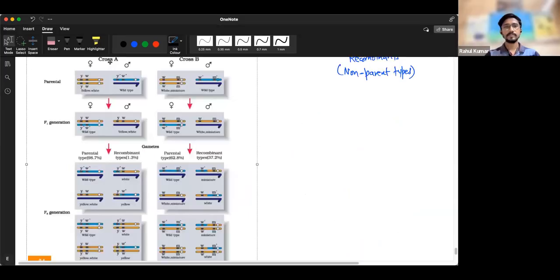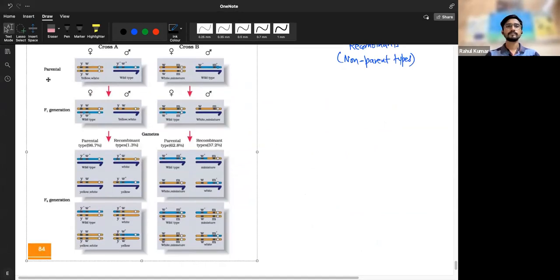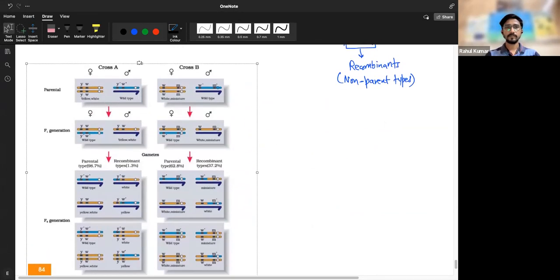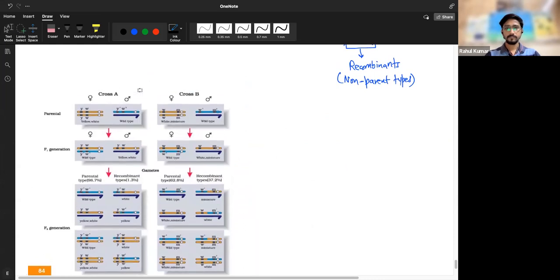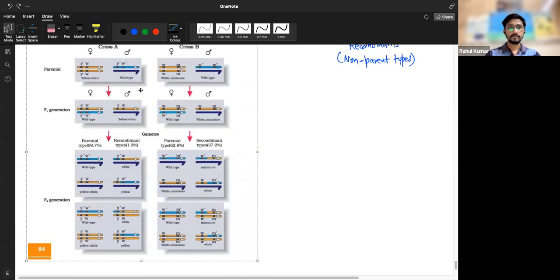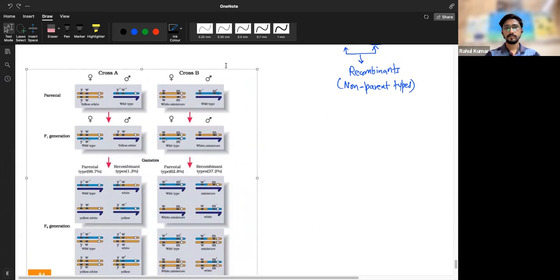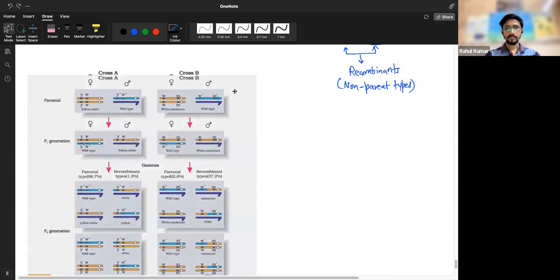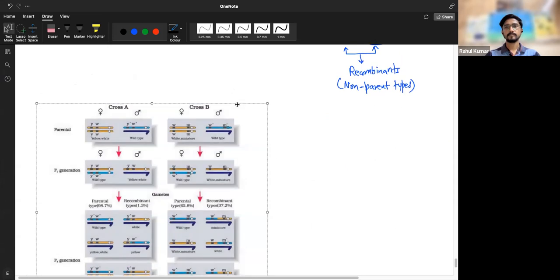I'm just trying to pull it out for you. Can you see the screen now? Again, this figure I was talking about. Can you see this figure, Zed? Yes.